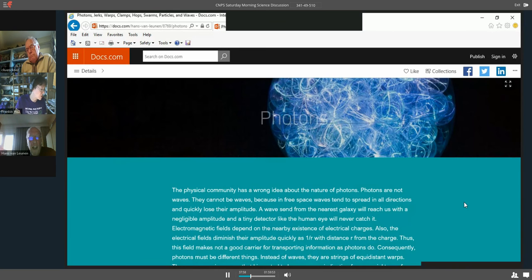One single warp carries 1 unit of energy. One single clamp, that is the spherical front, carries a unit of mass. At particle creation and particle annihilation, these two things exchange into each other. They exchange energy into mass. 1 unit of energy changes into 1 unit of mass. These are the really fundamental things.